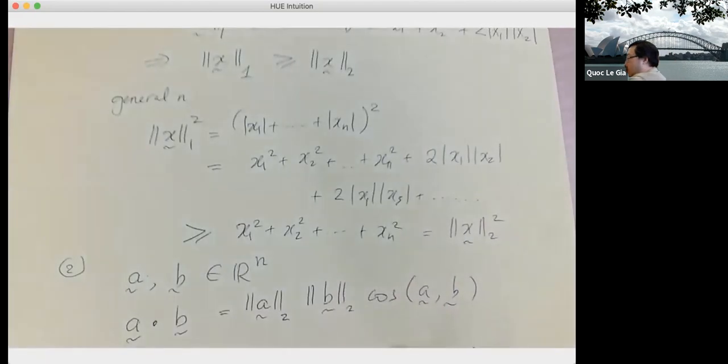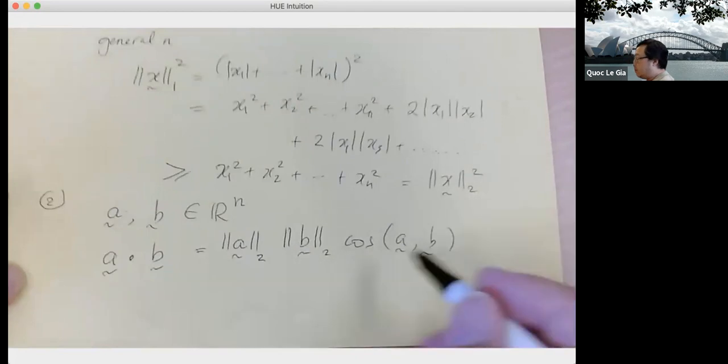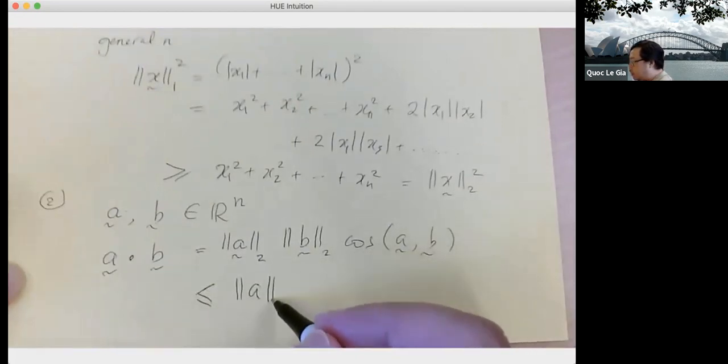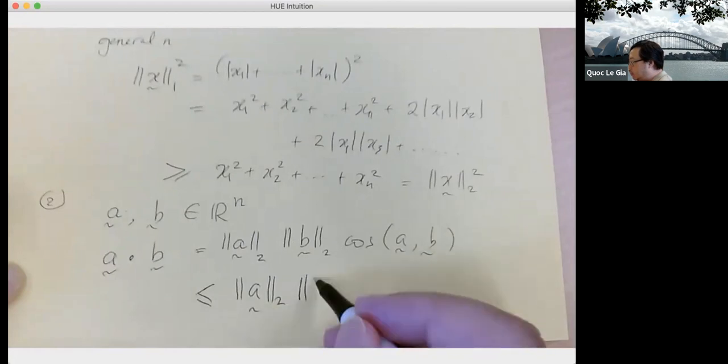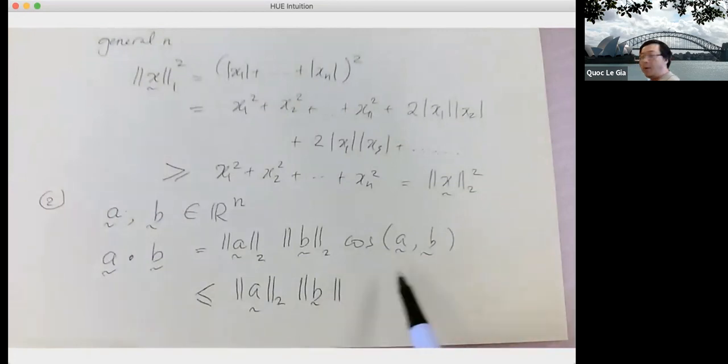So now what I'm going to do is make it less than or equal to the product of the lengths of the 2 vectors. Because the cosine is always less than or equal to 1, you just take the maximal value.